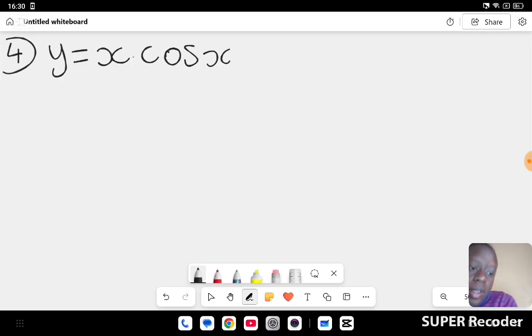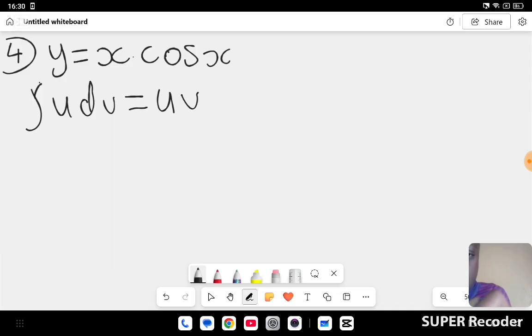So for integration by parts, we use this formula. The integration of u dv is equal to uv minus the integration of v du.